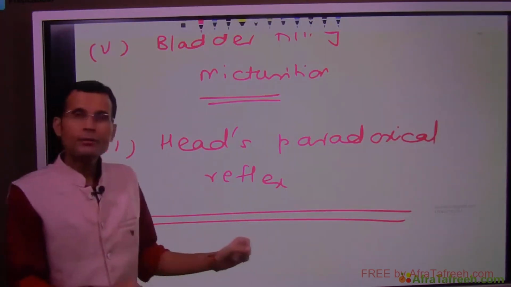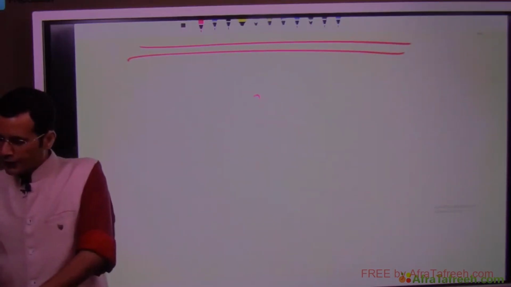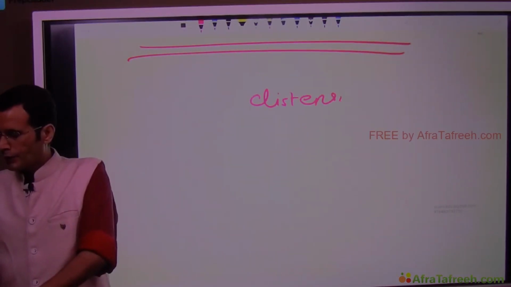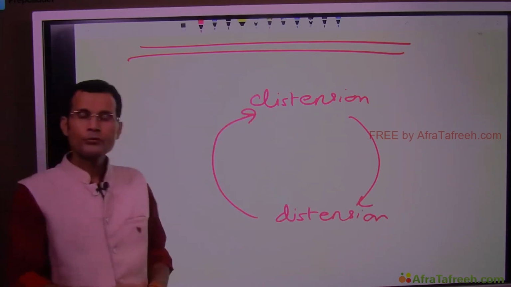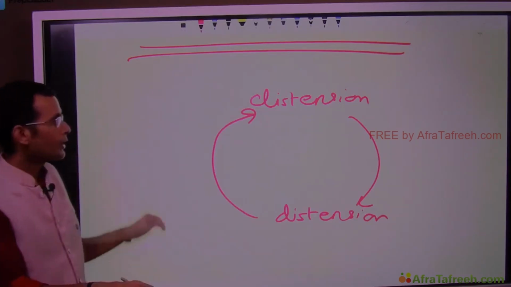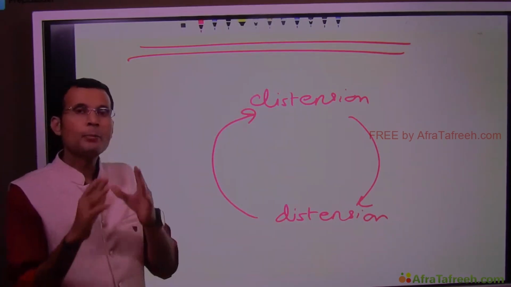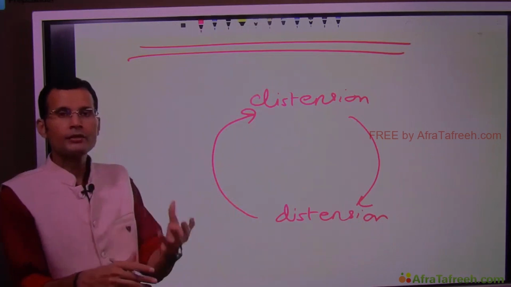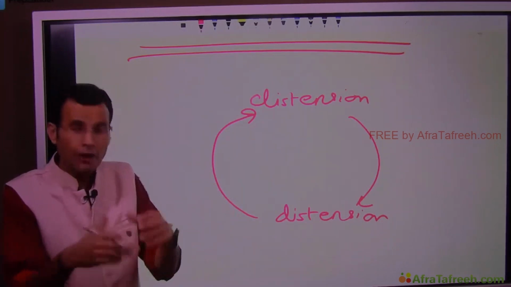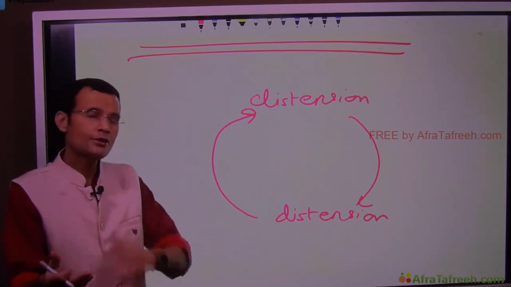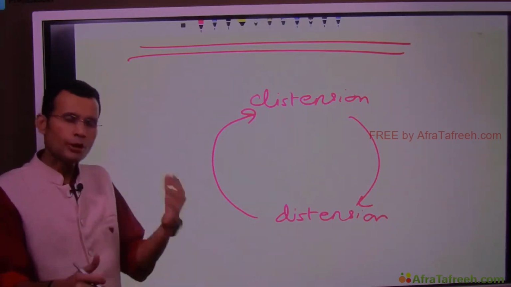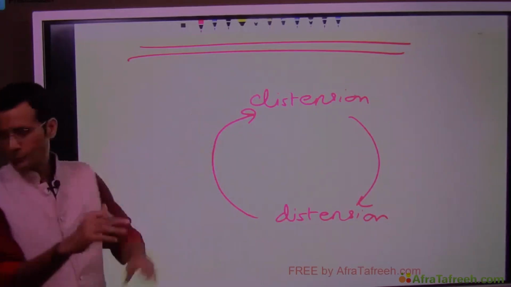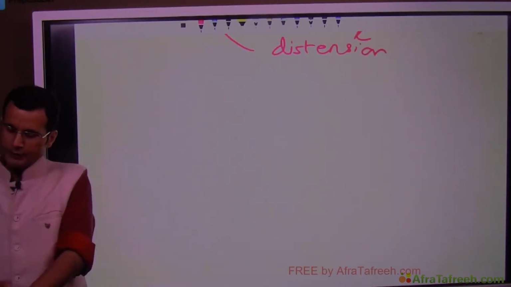But Head's paradoxical reflex means distension of the lungs leads to more distension, and that leads to further distension of the lungs. So more and more of the same will go on happening. Now that happens at birth. At birth, the lungs are collapsed. They are going to distend after that with each successive breath, and therefore distension will lead to more distension, and more and more further distension. So that's positive feedback, Head's paradoxical reflex.